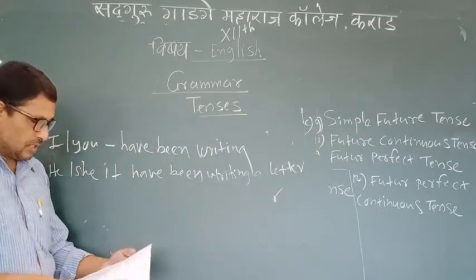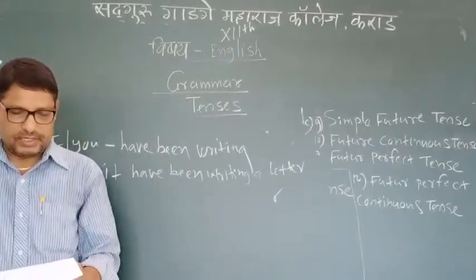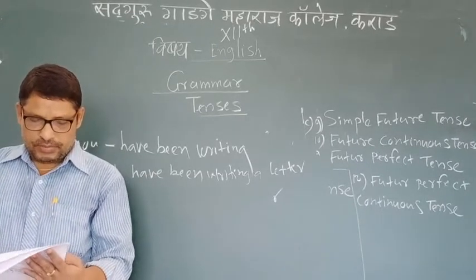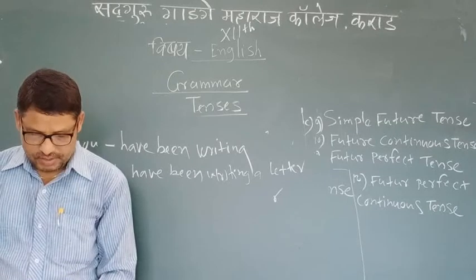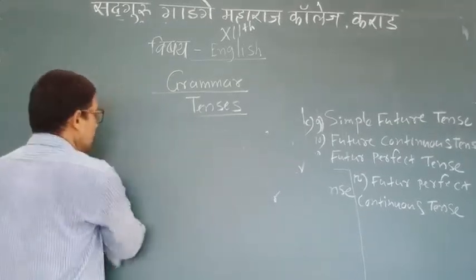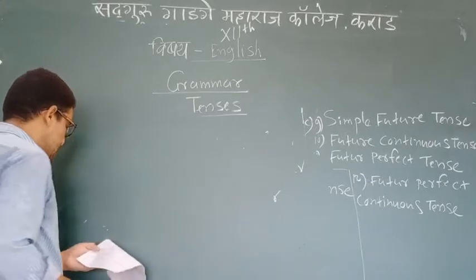These are the first tenses you have seen: simple present tense, present continuous tense, present perfect tense, and present perfect continuous tense. Then see the next tense, simple past tense.